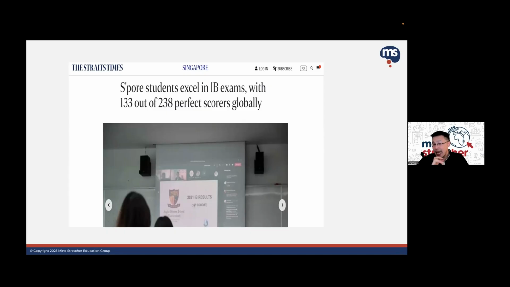When IB first started many years ago in Singapore, initially there was a concern of score inflation, that maybe the exam is easier so you get an inflated score. People thought that even if you do well in IB, it's not rigorous. It's not like that. It has changed already, and in fact it was never like that to begin with, but I think it was misrepresented.